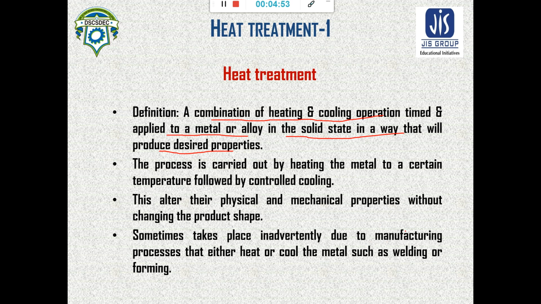There are various names given to heat treatment, and for those various names, the properties will be different. This process of heating and controlled cooling alters the physical and mechanical properties of a material without changing its shape.